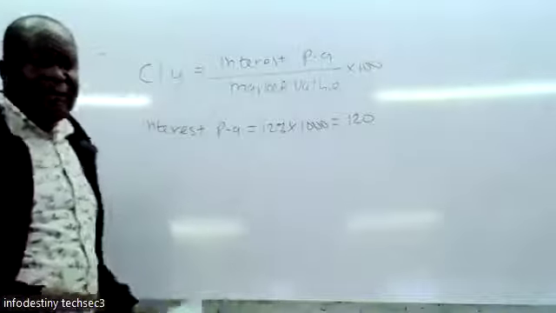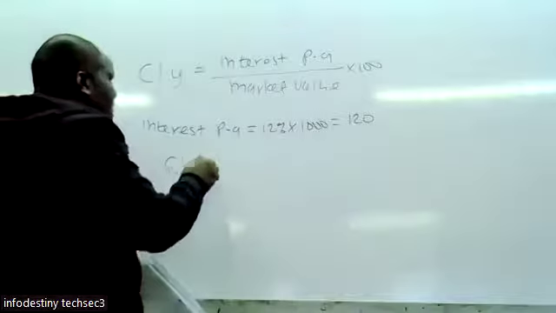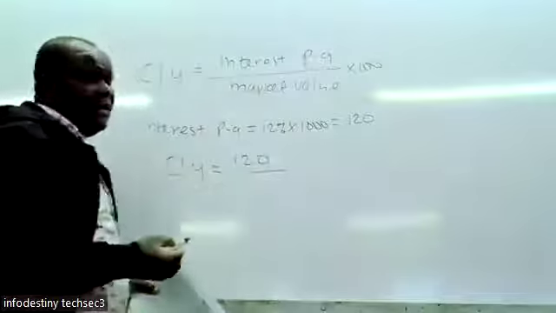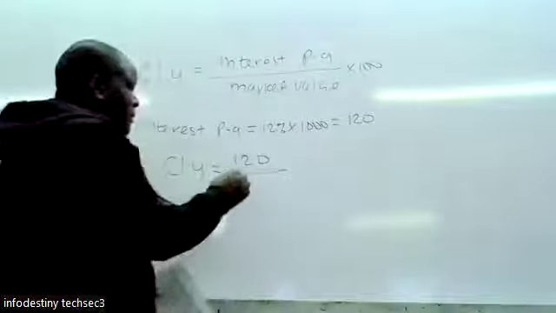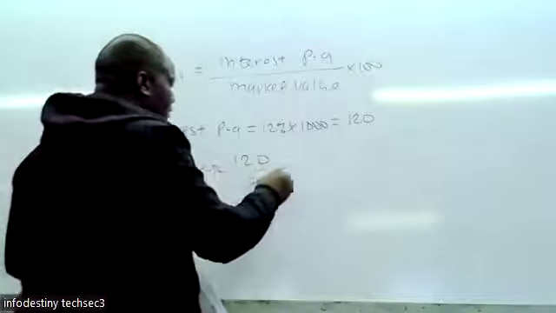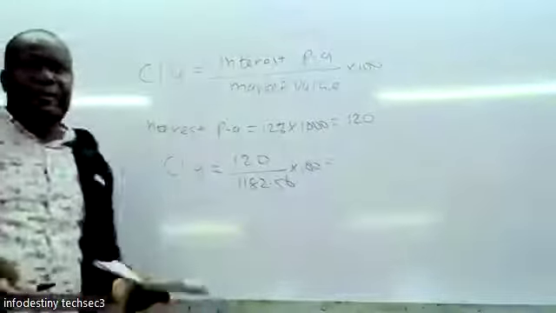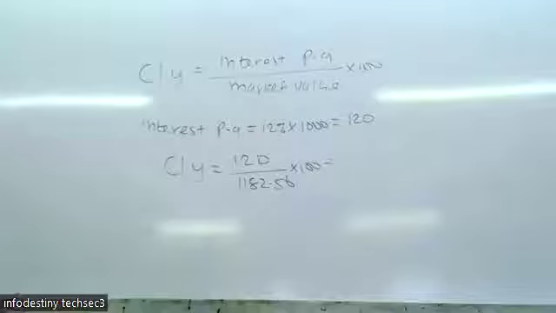Then market value is what we have just calculated. So now the current yield will be 120 divided by the market value in Roman letter 1, which is 1182.56. Express that figure as a percentage.